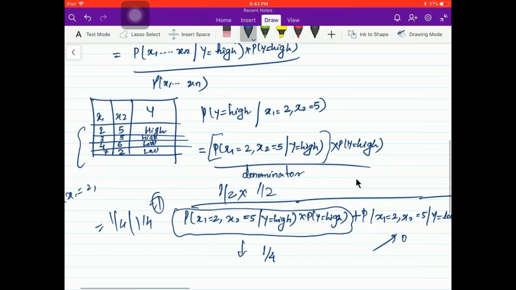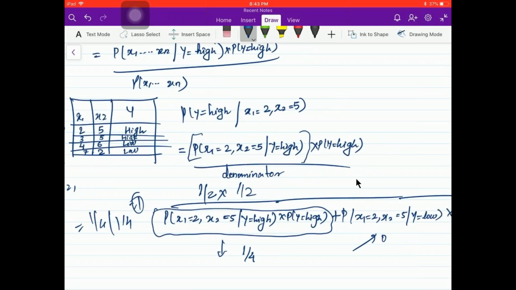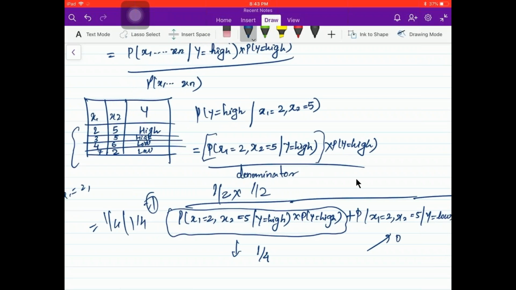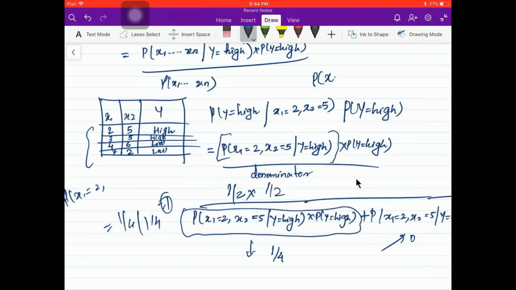What I'm trying to say is, x1 is 2, x2 is 5. How many occurrences were there? I'm not saying what is the probability of y equal to high. I'm not asking you this. What I am asking you is probability of x1 equal to 2, x2 equal to 5, given y equal to high. Your high was 2 times and this one occurred 1 time.